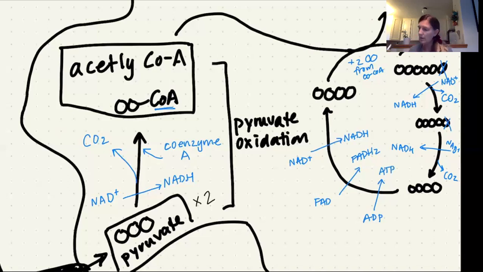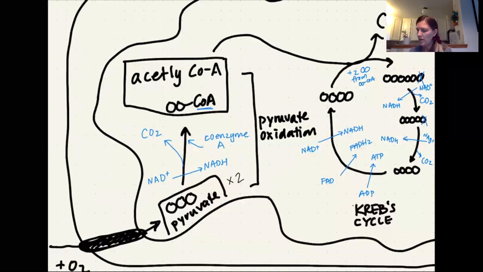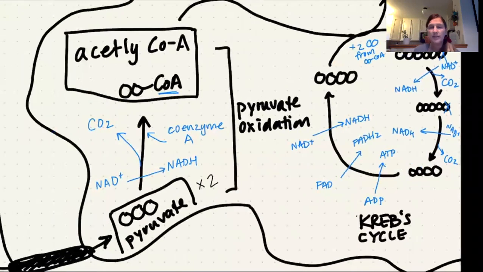So during the Krebs cycle, what we see happen is that we are going to input acetyl-CoA. It is going to join with a 4-carbon molecule to make a 6-carbon. We're going to lose carbon dioxide. We're going to lose another carbon dioxide.